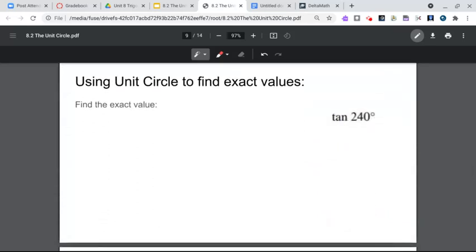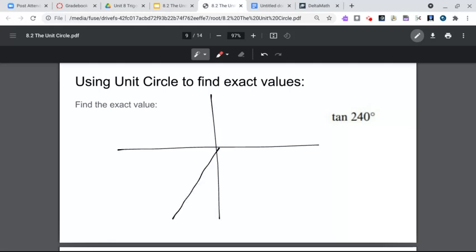Okay, tangent 240 degrees. 240 lies in quadrant 3. So we know tangent's positive in quadrant 3. So I take in my mind and I make a quick coordinate plane. 240 is here.